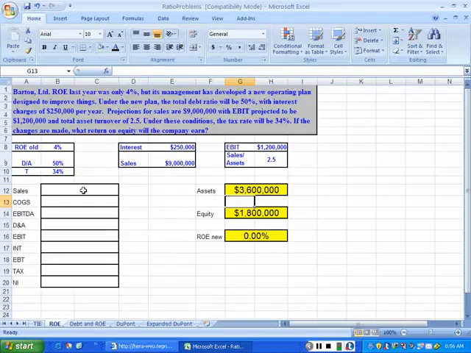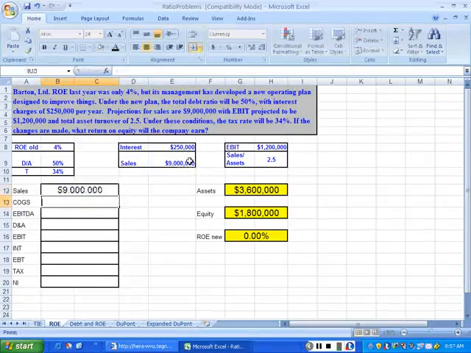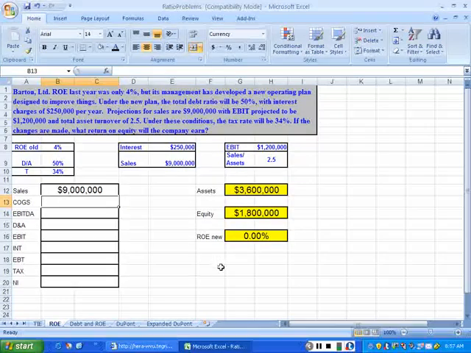So let's see what we have to begin with. We start off here, and it does indeed tell us what the level of sales is. So our income statement has some information involved right there. It also tells us something about the old level of return on equity, and what we had here was a 4% rate in terms of what it used to be.